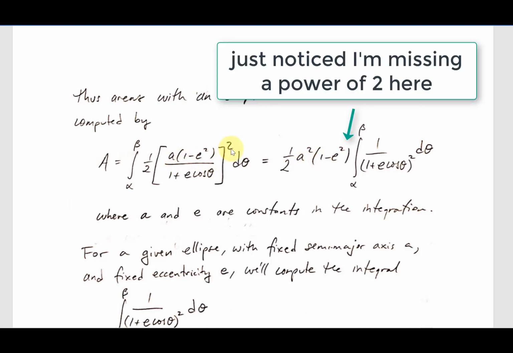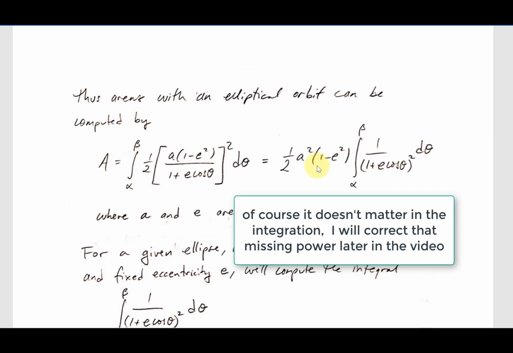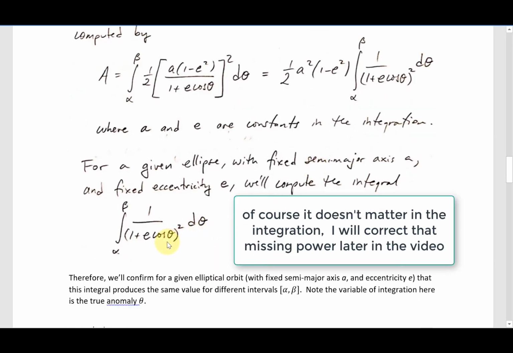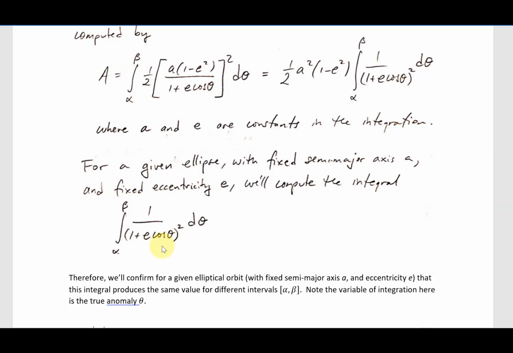Of course, a squared because this is getting squared in the numerator. So all these factors here in the numerator are constant in the integration. I factor them out. So really the integration that you're going to see is this 1 over 1 plus e cos theta, where e is the eccentricity. And so I've got that set up in Desmos to actually do the integration on those two time intervals.